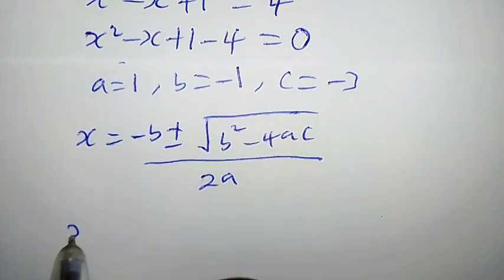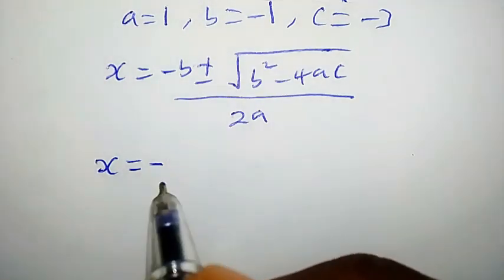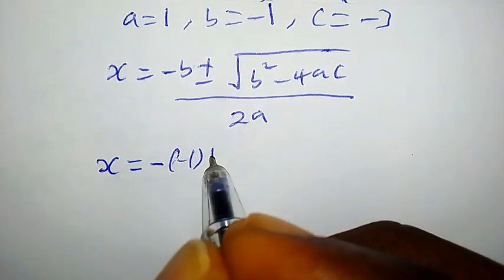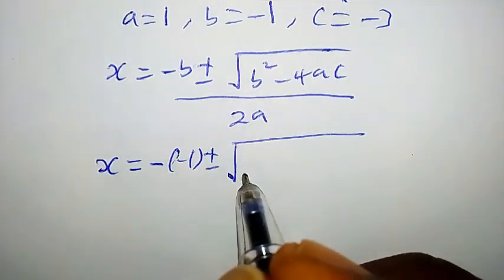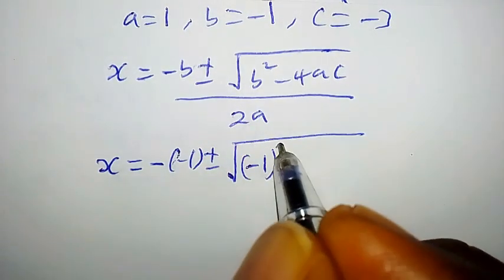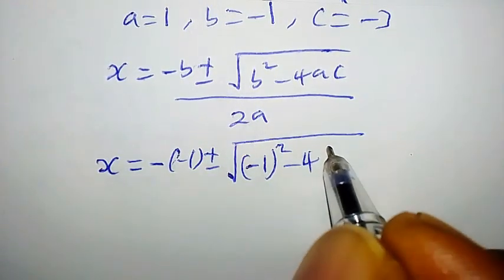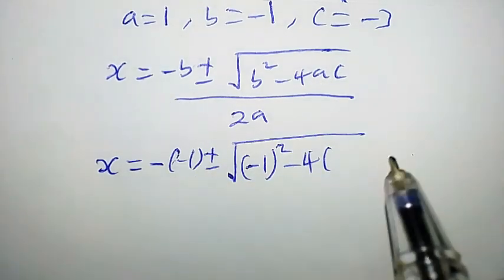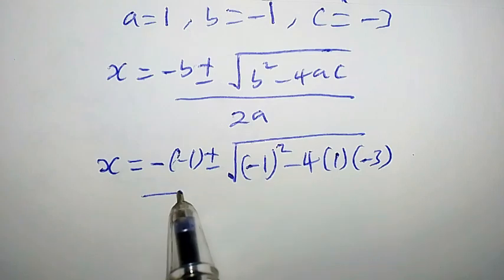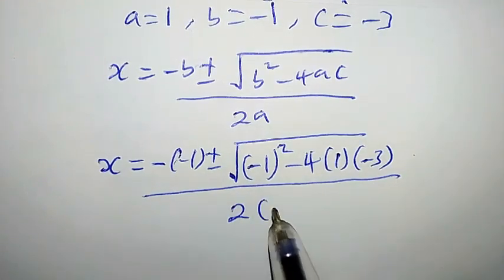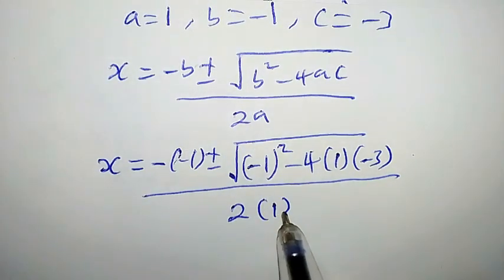Let's continue. x is equal to minus b. What is b? b is minus 1, so we have minus of minus 1 plus or minus square root of b, which is minus 1, squared, minus 4 times, what is a? a is 1, times, what is c? c is negative 3, over 2 times a, which is 1.